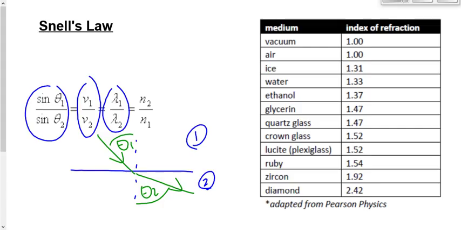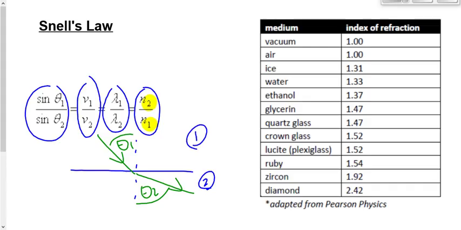Sometimes you get caught up in saying theta 1 over theta 2, V1 over V2, lambda 1 over lambda 2, N2 over N1. Watch that. It's on your data sheet, so you can copy it straight out, but sometimes we get in the habit of writing 1 over 2, 1 over 2, 1 over 2, not 2 over 1.